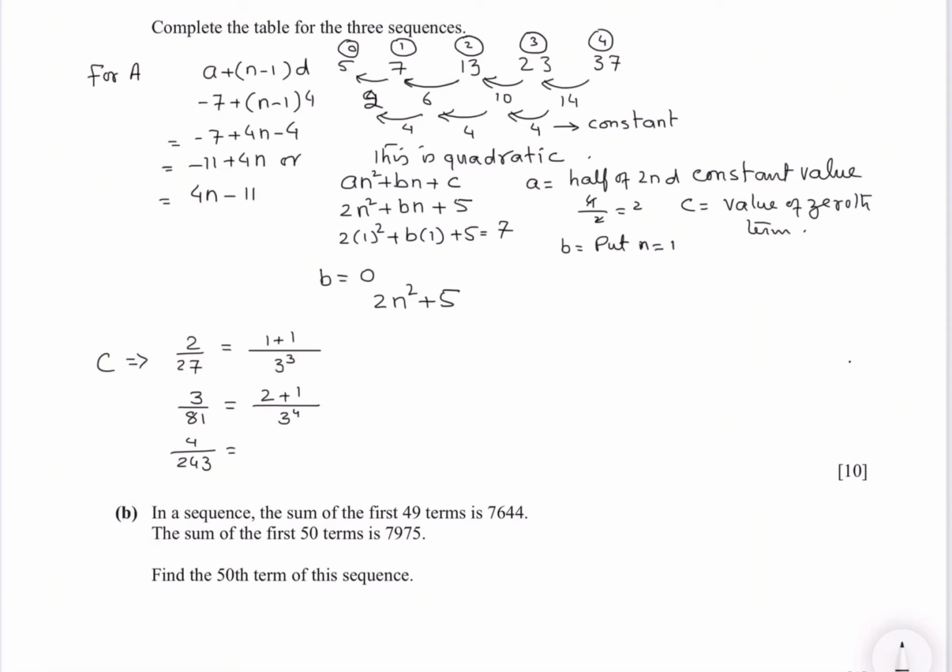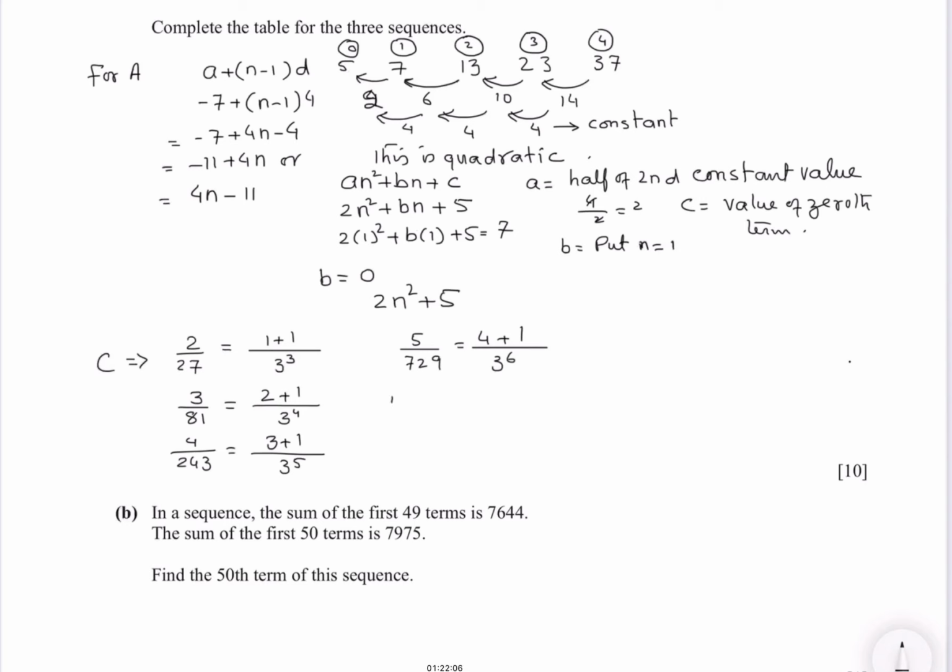Next, 4 over 243. Now if I write 3 plus 1, it makes 4. And if I write 3 power 5, it makes 243. So 5 over 729, 4 plus 1 makes 5, and 3 power 6 makes 729. So we got it.